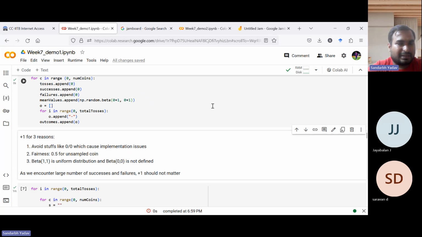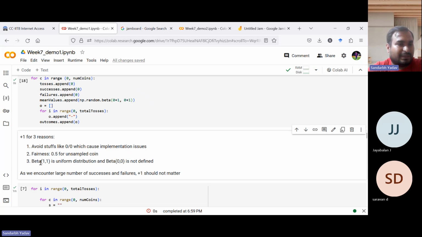So if successes and failures both are zero, then it will be essentially 1/2, so 0.5. This ensures fairness, that we don't know the mean, so it's better to keep it an unbiased coin. It could be anywhere on the left-hand side of 0.5, also anywhere on the right-hand side of 0.5, but 0.5 we will keep it. So this kind of ensures fairness.